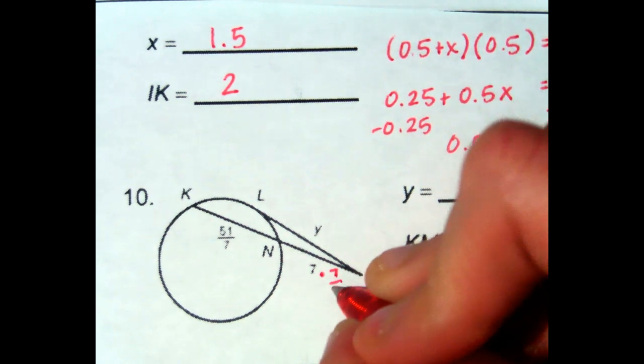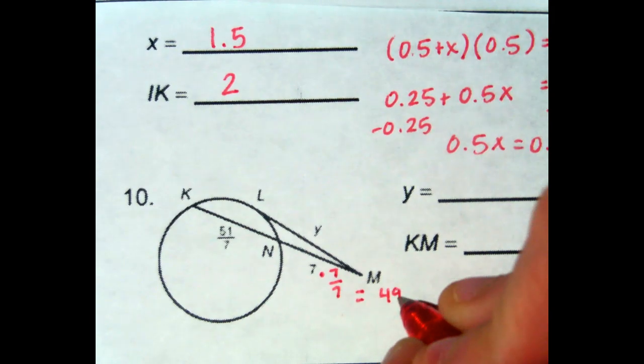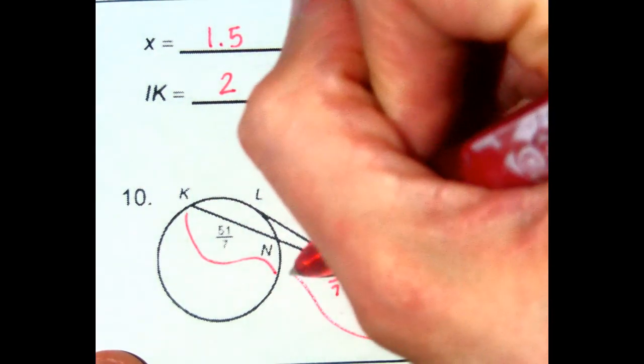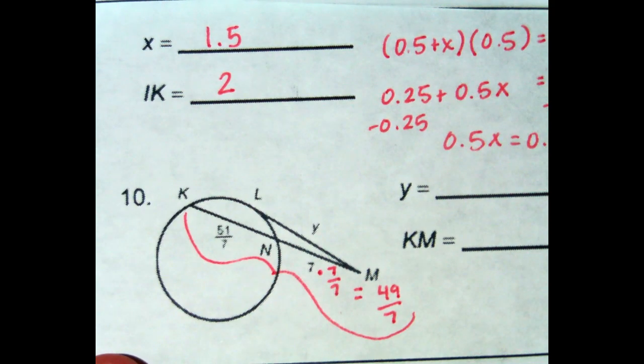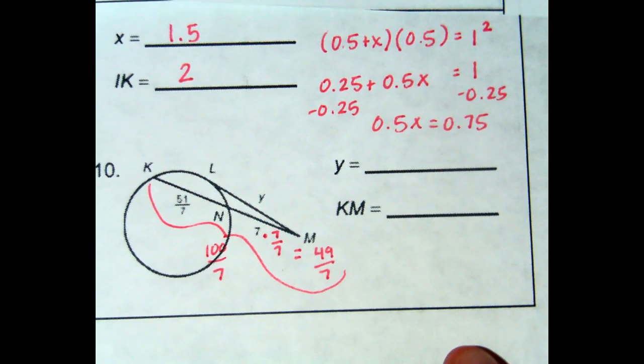It's like multiplying 7 over 7, right? Which is 49 over 7. So this whole thing here, what is 49 over 7 plus 51 over 7? 100 over 7. Alright, that is going to kind of go away in a minute. That'll be nice. Not go away, but you'll see what I mean.